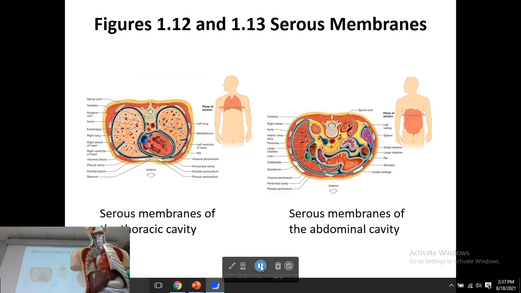Starts with a V. Visceral. Visceral what? It starts with a P. Visceral pericardium.